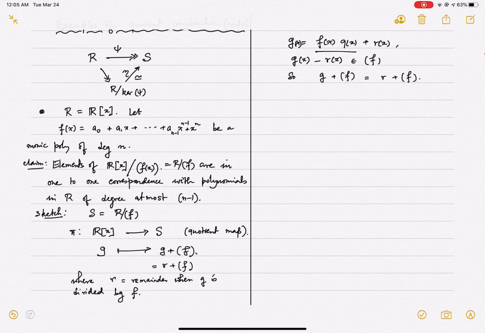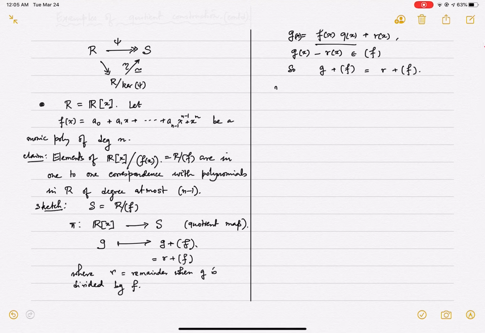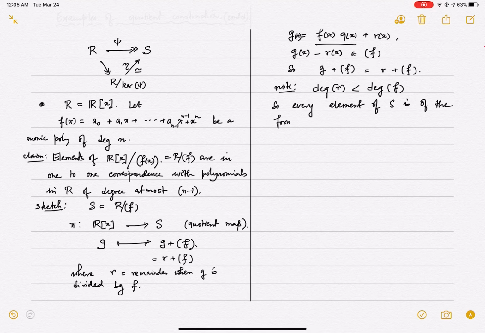And what do we know about the remainders? Note that the degree of the remainder is less than the degree of f. So every element of S is of the form r plus (f), where r is a polynomial of degree at most n minus 1.